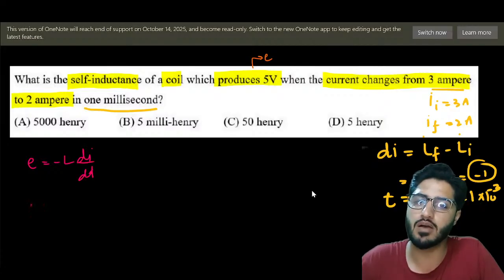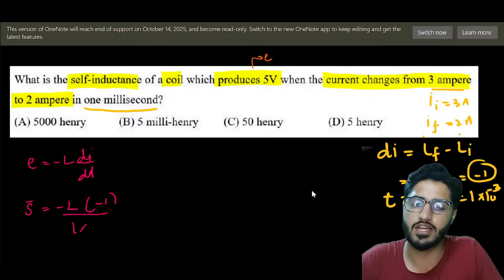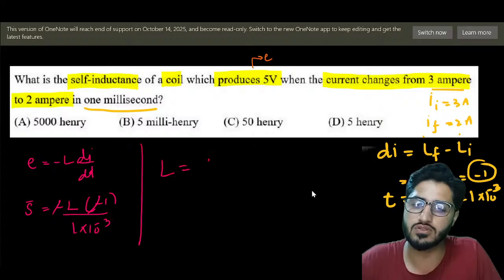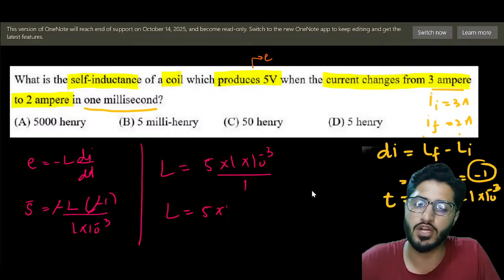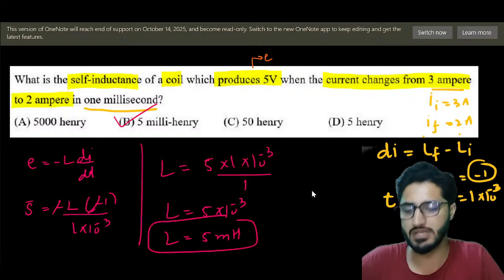E is given as 5 volt. L is what we have to find out. dI is minus 1. dt is 1 into 10 to power minus 3. Minus minus cancel out. So I can write L equals 5 into 10 to power minus 3 divided by 1. L came out to be 5 millihenry. Option number B is correct.